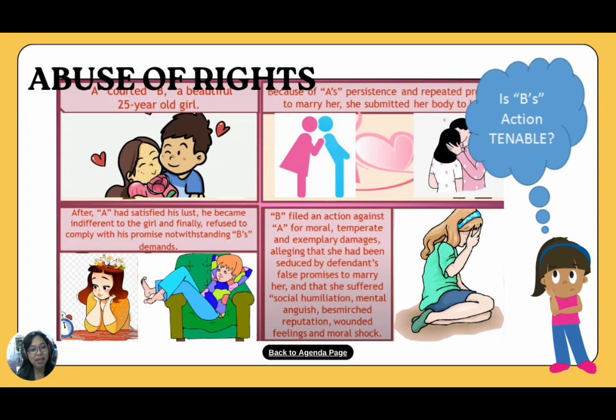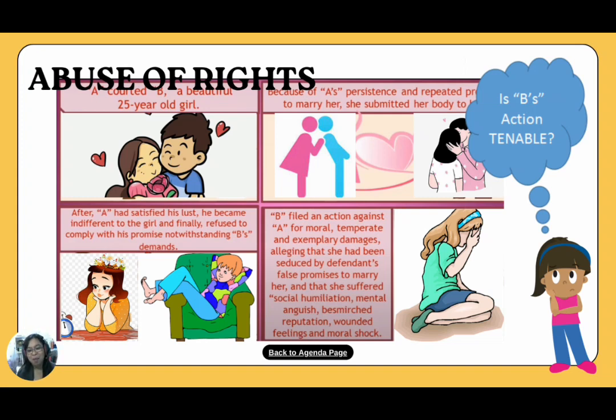Then si B filed an action against A for moral, temperate, and exemplary damages, alleging that she had been seduced by the defendant's false promises to marry her, and that she suffered social humiliation, mental agonies, and kung ano-ano pa, that she was wounded, di ba?